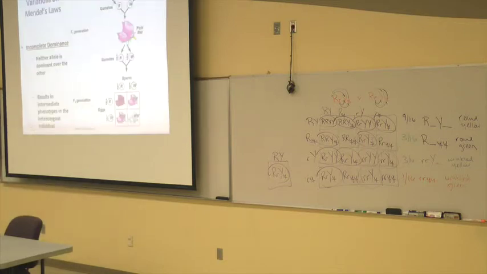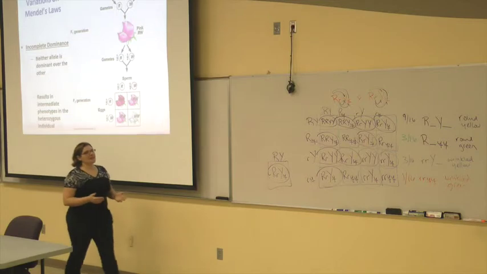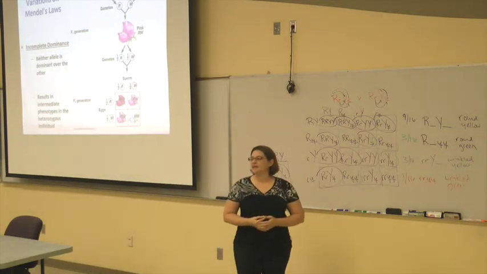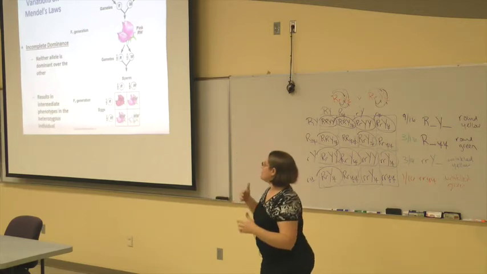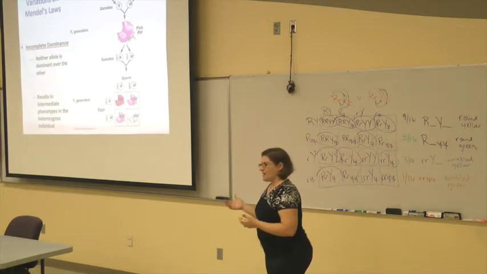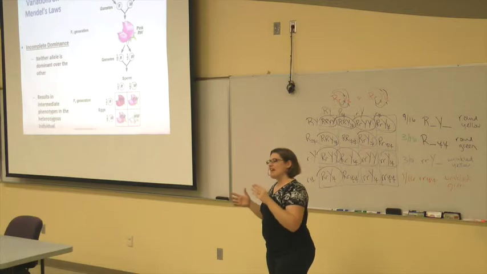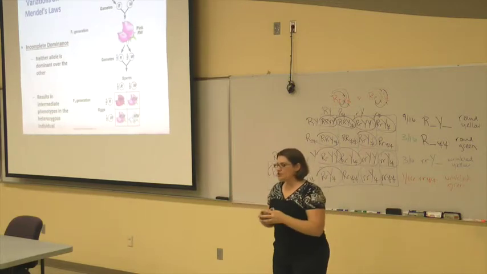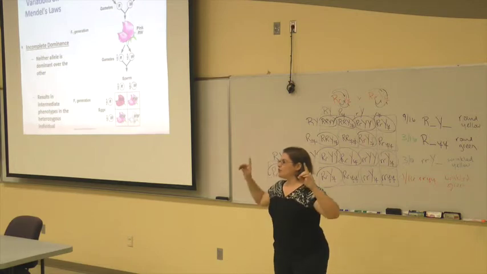All right, now let's get into some more variations on Mendel's laws. There is this case of incomplete dominance. Incomplete dominance means that neither allele is dominant over the other. Instead, when you have a heterozygous genotype, you have a mixture, a blending of the two parental genotypes.